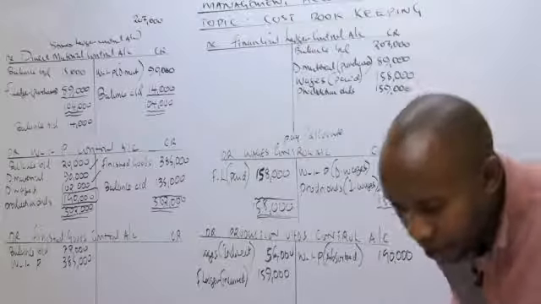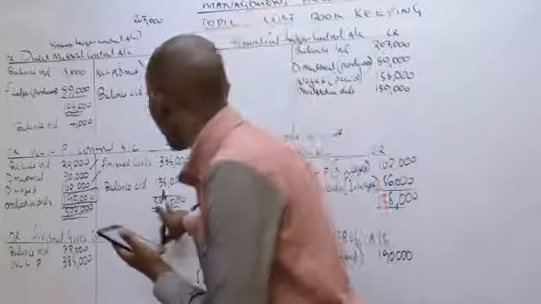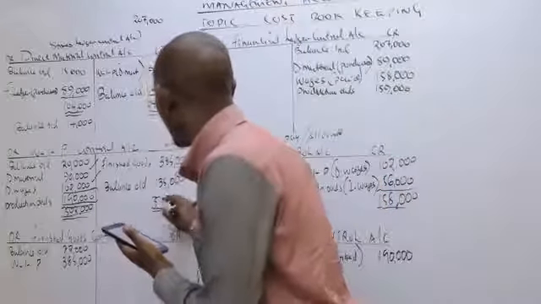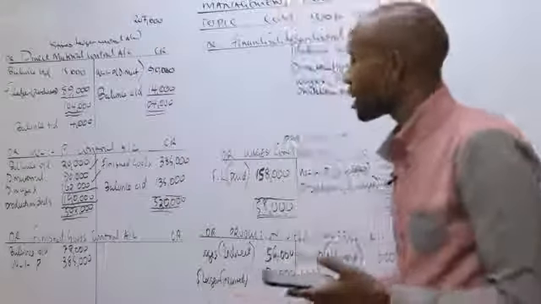Okay, somebody says it's 520. This is 520, not 502. So what will be my balancing figure?